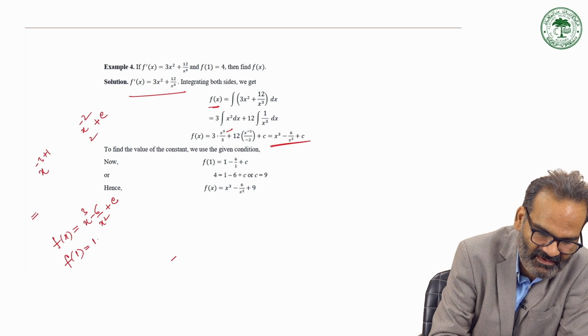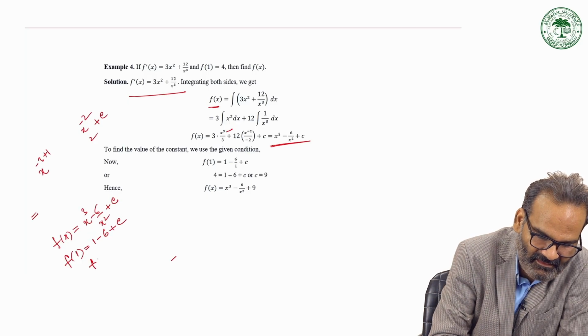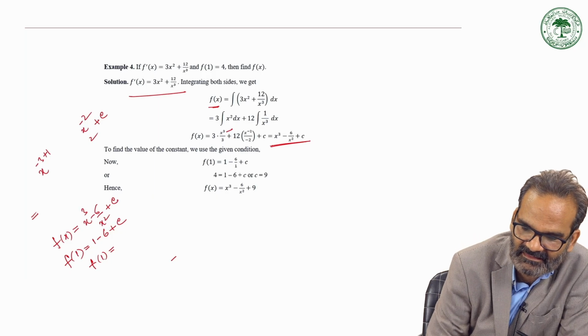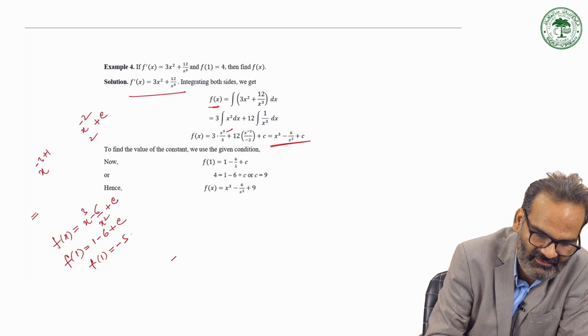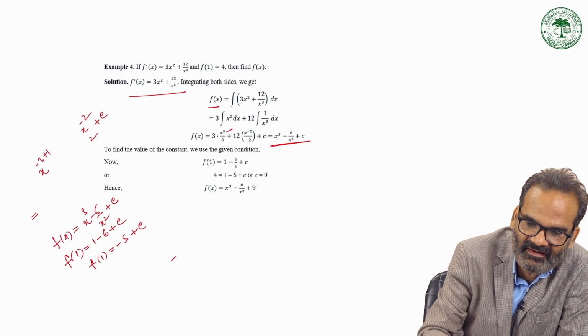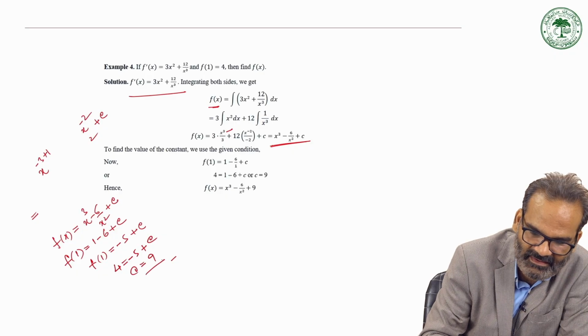So we will get here 1 minus 6 plus c, right? So what is f1? 1 minus 6 is minus 5, so minus 5 plus c. And what is f1? f1 is given 4. So 4 is equals to minus 5 plus c. So c is coming out to be 9.